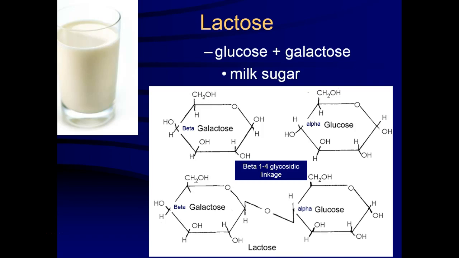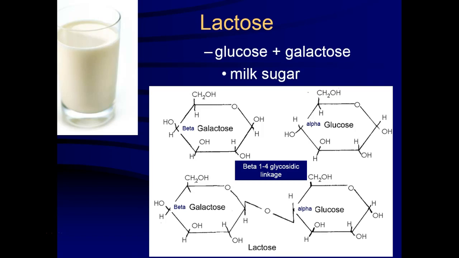Now, as you can see, it's a bond between carbon number 1 on beta-galactose with carbon number 4 on glucose. So it's a 1 to 4 glycosidic linkage. But you'll notice something a little odd. Since this is a beta-galactose, what's going on is we call this beta 1 to 4 glycosidic linkage. A beta 1 to 4 glycosidic linkage, because this form of galactose is a beta form.